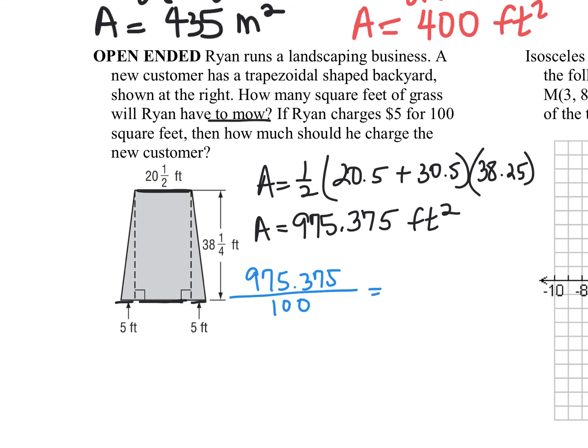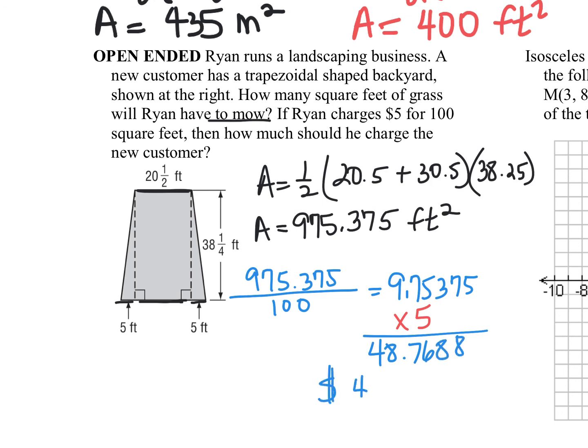And so we have 9.75375, and we're going to multiply this by 5, because that's $5. It's going to give us 48.7688. So we'll say he would have to charge $48.77 for that yard.